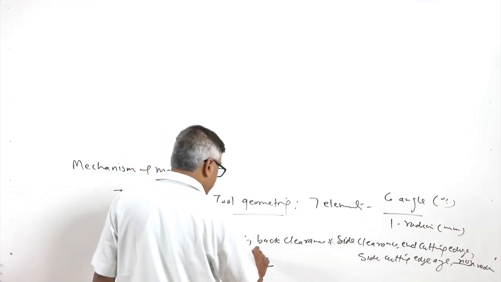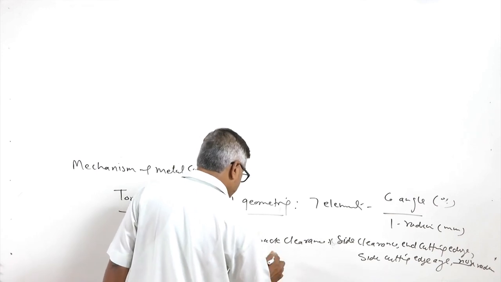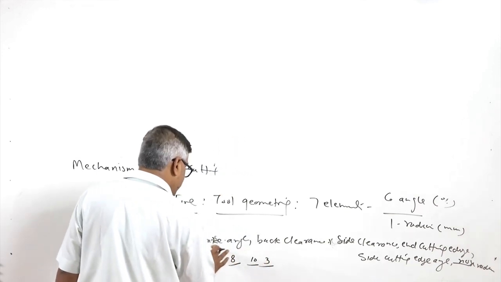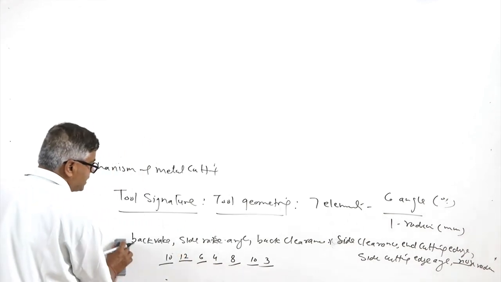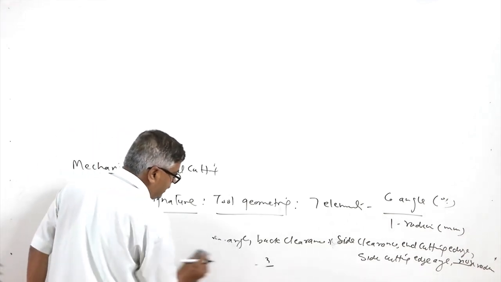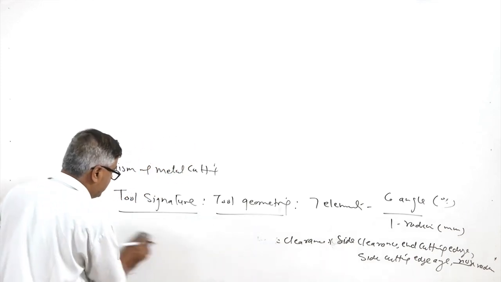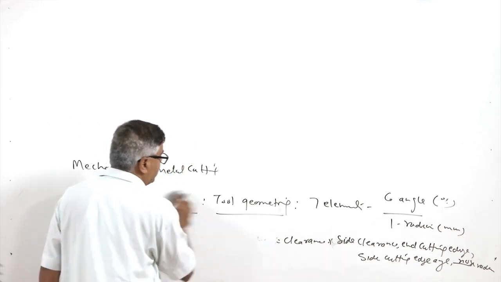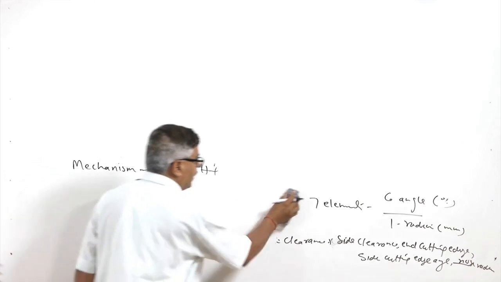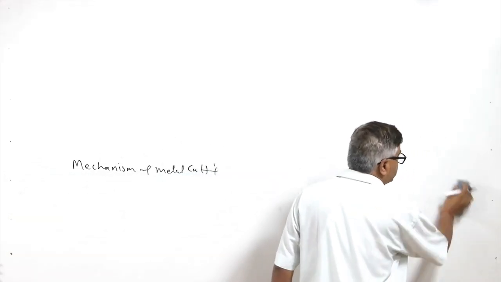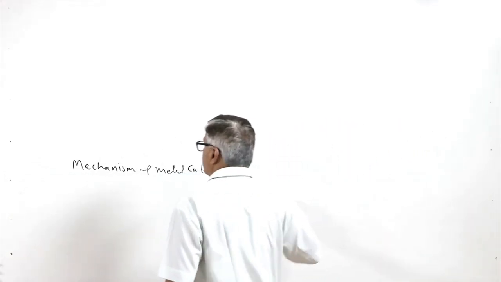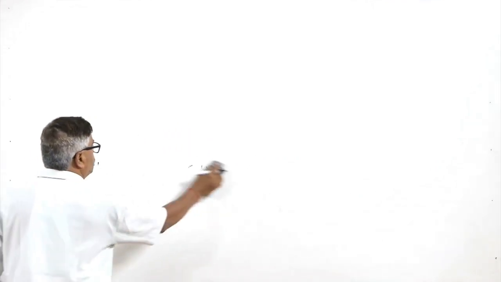All these are in degrees and this is in mm. Normally no sign is used with the tool signature. When we mention these numbers in a specific sequence, it indicates the specific angles of the tool. Basically the tool signature helps to understand the geometry of the tool.